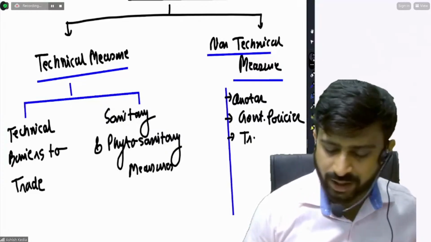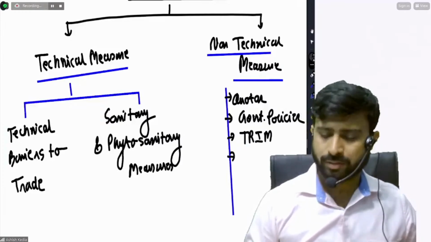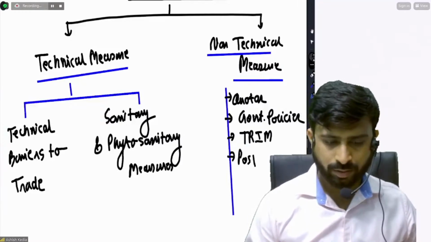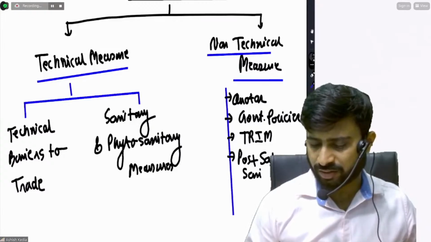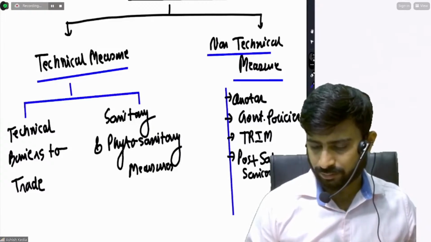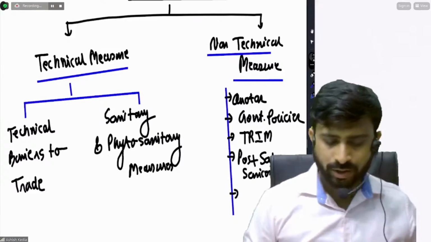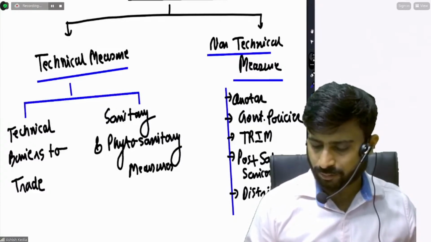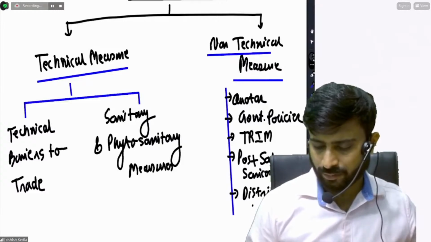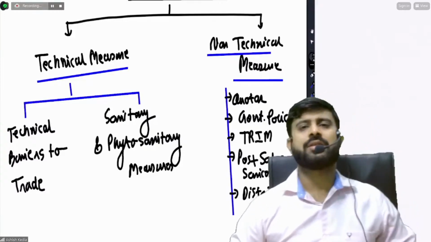Then we have trade related investment measures, TRIMs, post sales services restrictions, distribution restrictions.